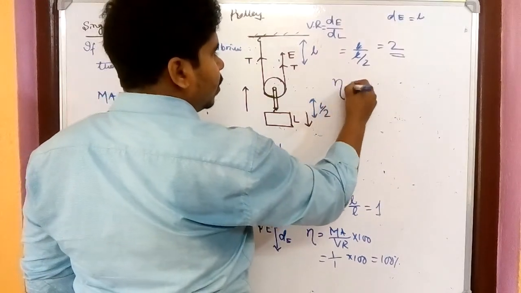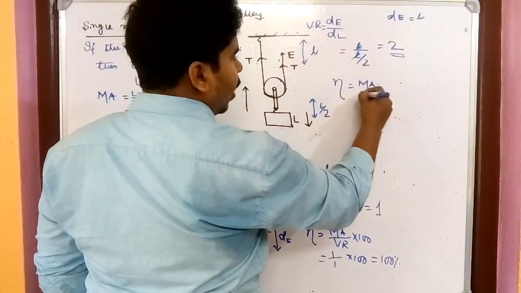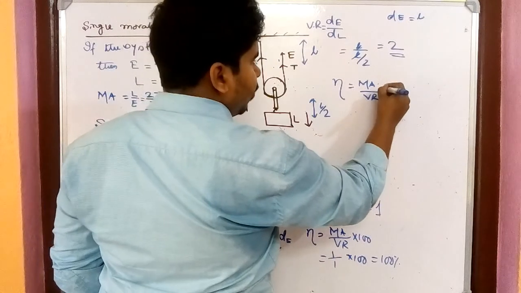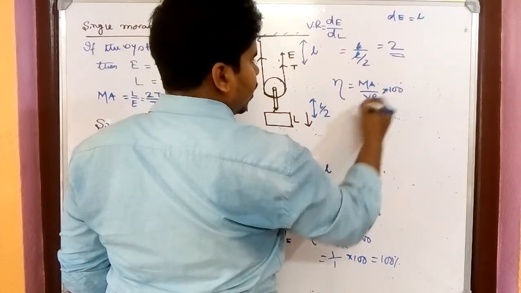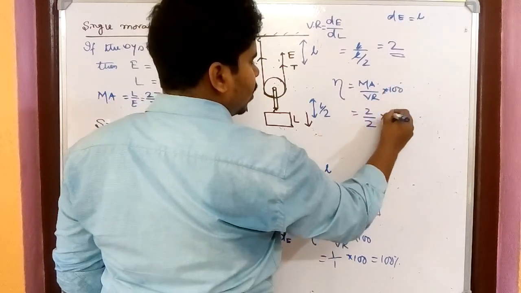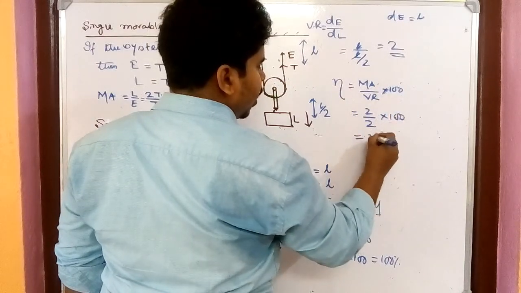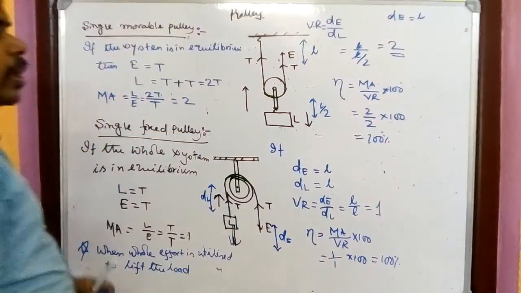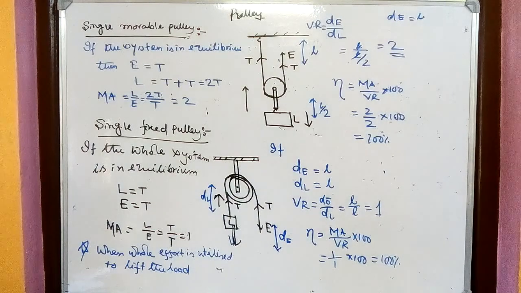Now eta equals MA by VR. If I have to convert it into percentage, it is 2 by 2 into 100, that is 100%. So here we can conclude that for a single movable pulley the efficiency will be 100% when velocity ratio is equal to the mechanical advantage.